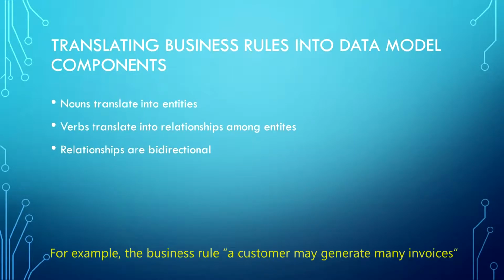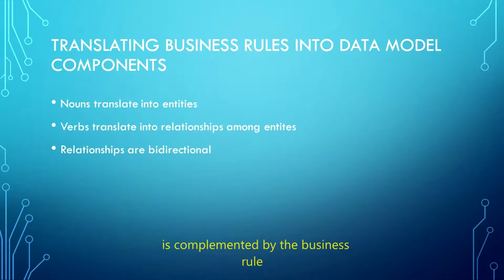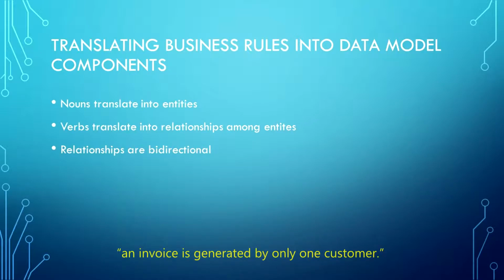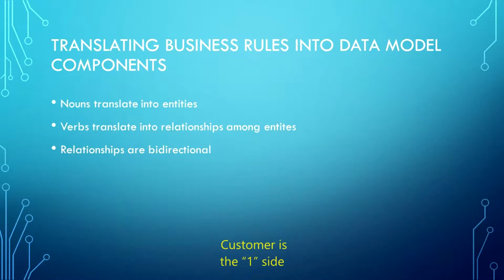For example, the business rule "a customer may generate many invoices" is complemented by the business rule "an invoice is generated by only one customer." In that case, the relationship is one to many, customer is the one side and invoice is the many side.